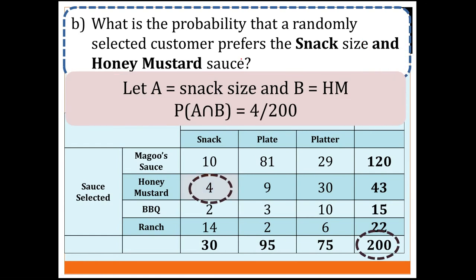So finding the probability of A and B in this contingency table is just doing 4 out of 200. 4 people got both snack and honey mustard out of the 200 people sampled. So 4 divided by 200 is that probability of A and B. See, it's much simpler than using those formulas, trying to figure out are the 2 events independent or dependent. It's just not necessary when the data is organized in this way.